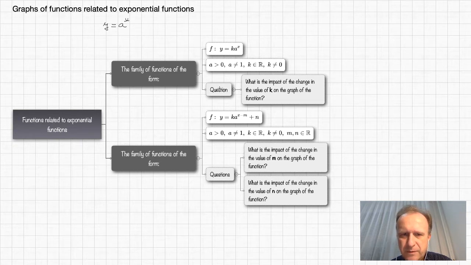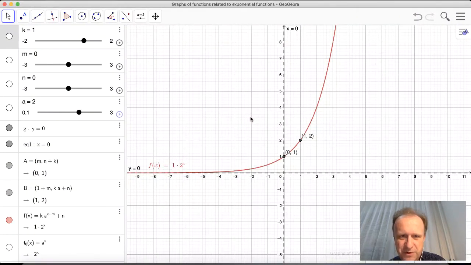And now the question arises: what is the impact of the change in the value of k on the graph of the function? Let us investigate this, and the best way to do it, as you already know, is to use GeoGebra, because it allows you to do your research very quickly.